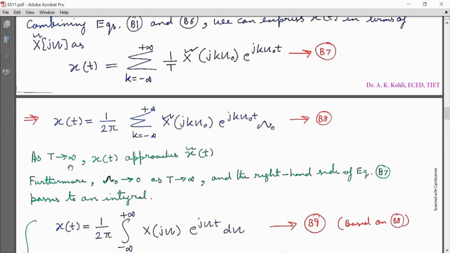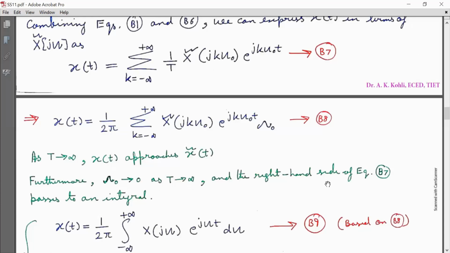As T tends to infinity, x(t) approaches x̃(t). As T approaches infinity, x(t) approaches x̃(t). Both will become same. Furthermore, Ω0 tends to 0 as T tends to infinity.